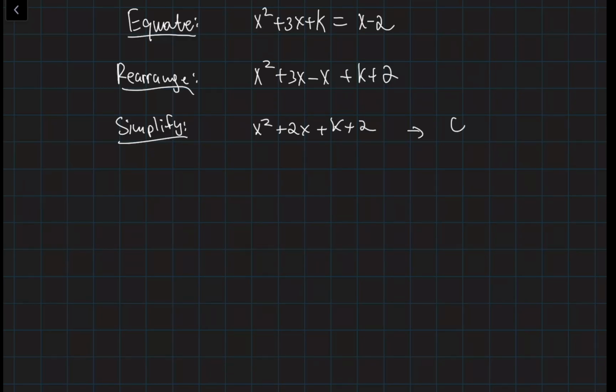This is actually a quadratic equation, a trinomial, so we know that b squared minus 4ac should be more than 0.